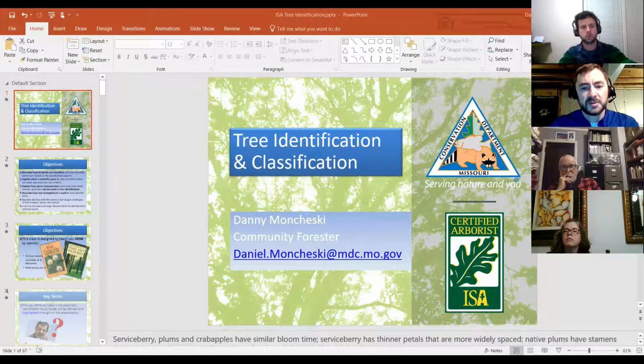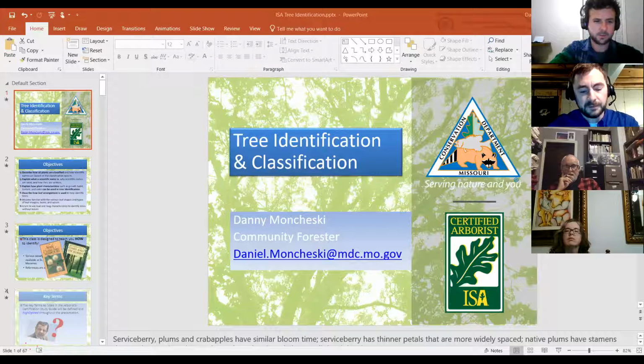Can folks see my screen still? Because I'm just going to go to the internet here. Green ash versus white ash. We'll start there because I can hopefully get us an image that describes what I was talking about. We'll try and get a good one.